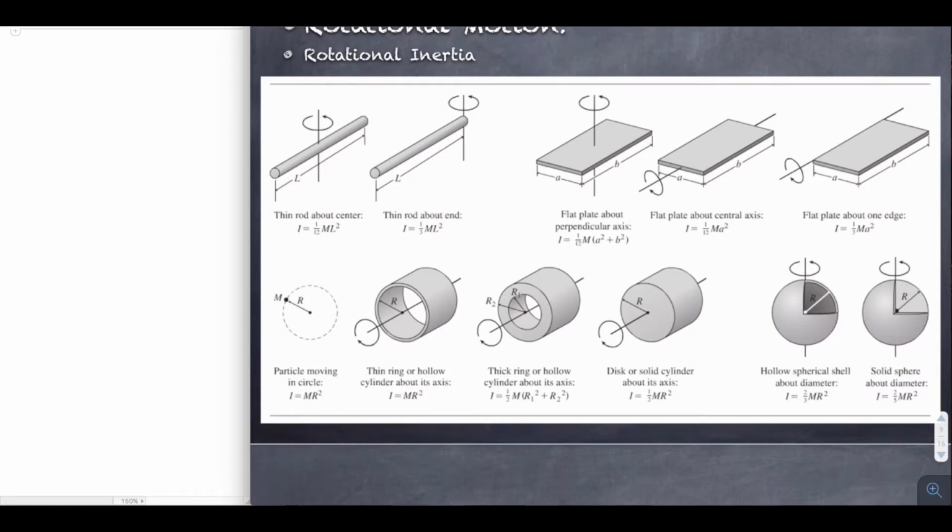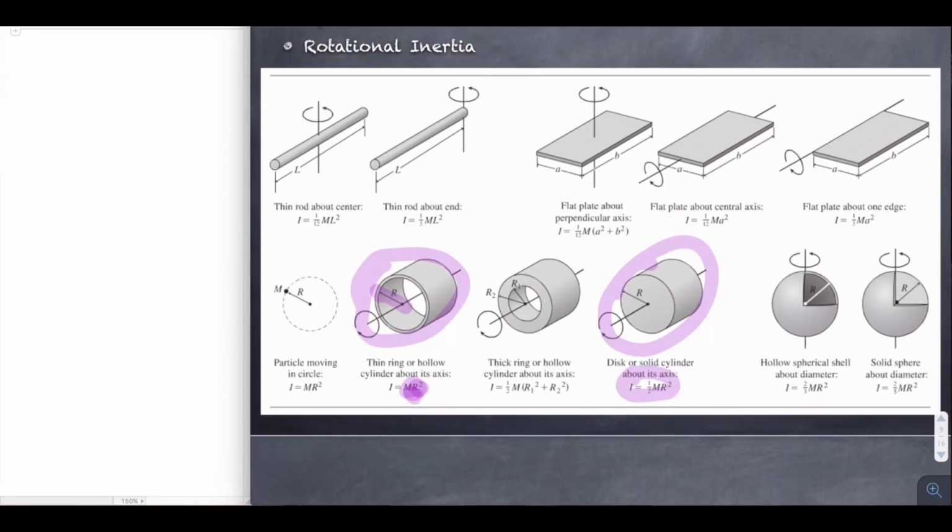So here you see you have the hoop, and the hoop is just mr squared. So it's the mass of the hoop times the radius squared. Whereas here you see the solid cylinder, the solid disc is 1/2 the rotational inertia of the hoop. That's why the solid disc won. It has 1/2 the amount of rotational inertia per same amount of mass as the hoop.